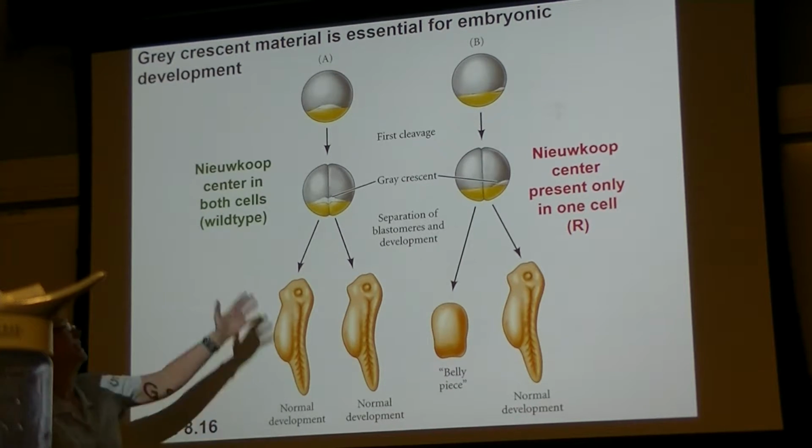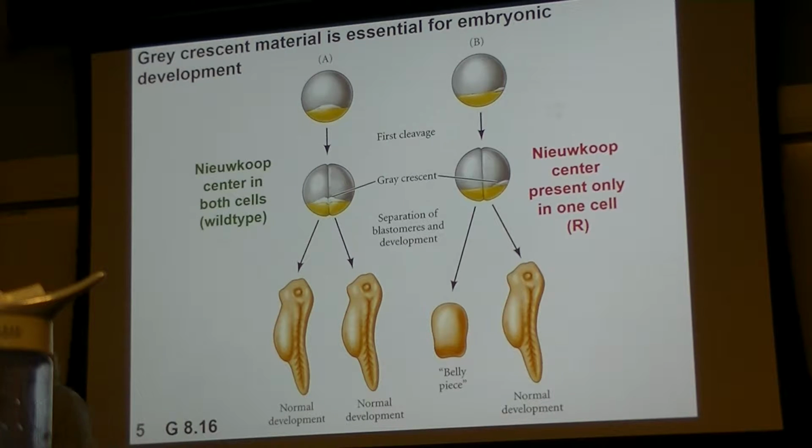So the first very simple experiment is just to say, okay, let's separate these two cells and then keep them in a dish in an incubator, under conditions where they could continue to survive as cells and to divide to give daughter cells, and see what sort of embryo you can get out of that.